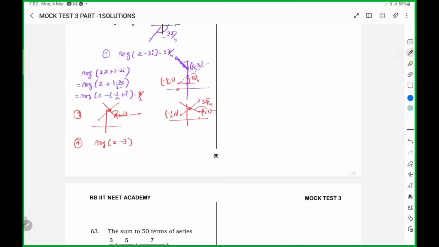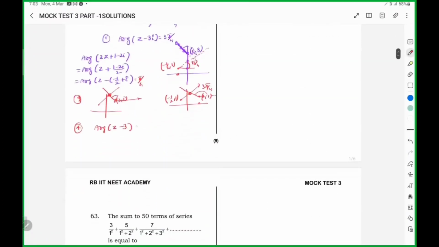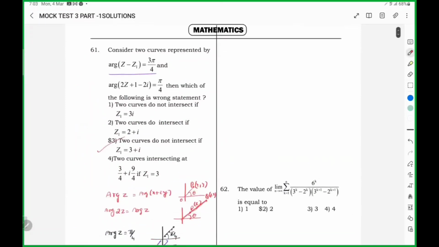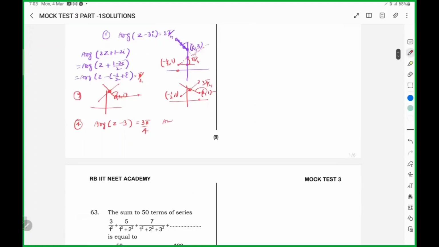is how much? 3 pi by 4. Another is argument of z minus minus half plus i is pi by 4. What does it mean? Here is a point 3 comma 0. Slope is tan 135.